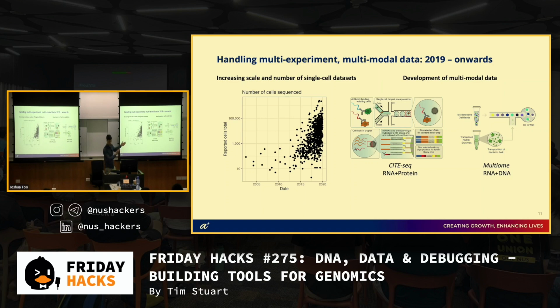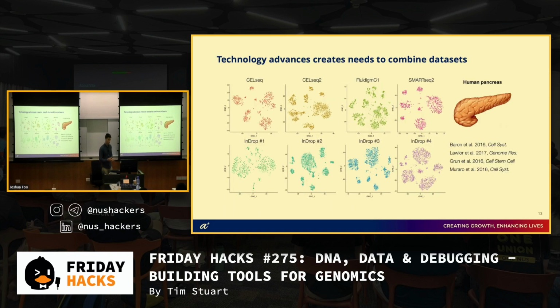So this is around the time I was starting my postdoc and worked on some methods to address some of these challenges. So first, this challenge that's introduced by having now many different studies. Once you have many different studies, of course you want to combine that information and compare them.